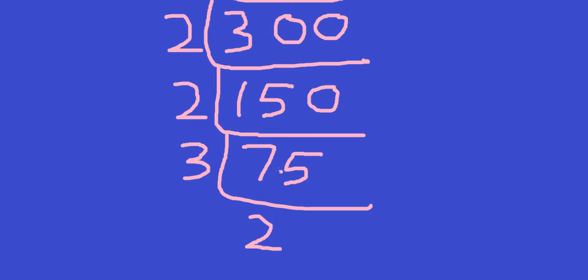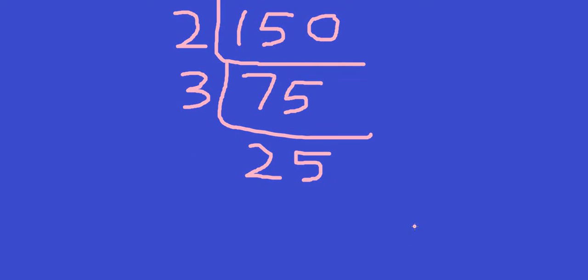This 1, we put it behind 5, and it becomes 15. So 15 divided by 3 is 5. We have 25 here.